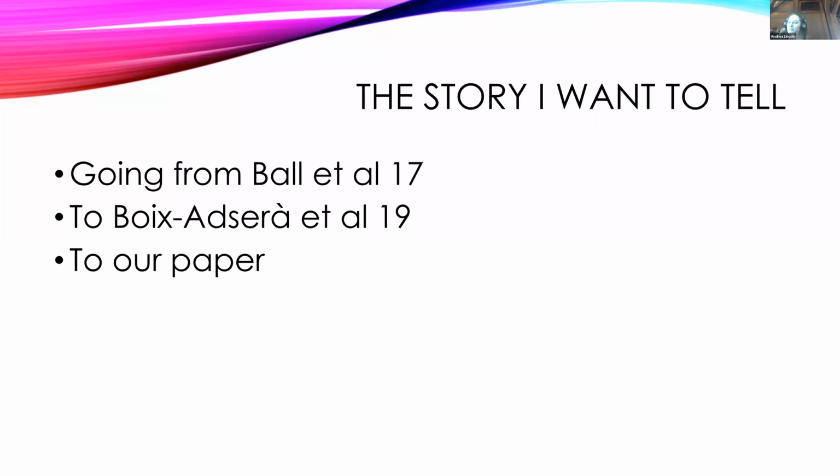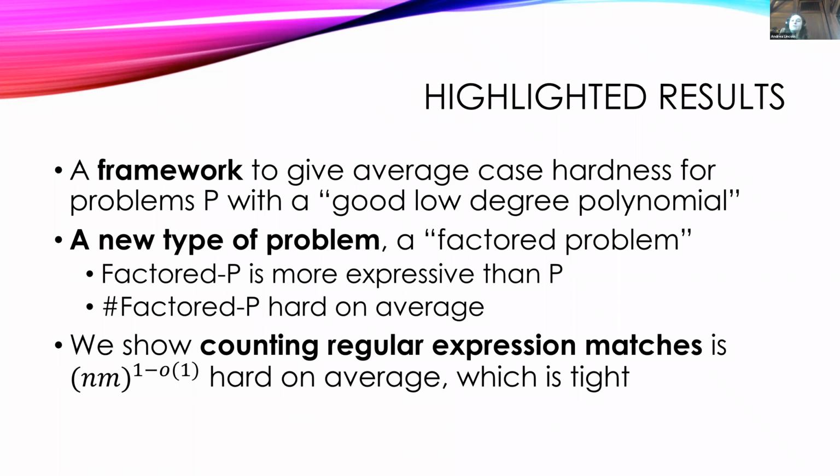And I'm going to sort of tell a story today through the prior work up to our work of how you go from this paper, Ball et al. in 2017, to Boix-Adserà et al. in 2019, to our paper. So the highlighted results that you can look forward to are a framework where we show how you can give average case hardness for various problems as long as they have something we call a good low degree polynomial.